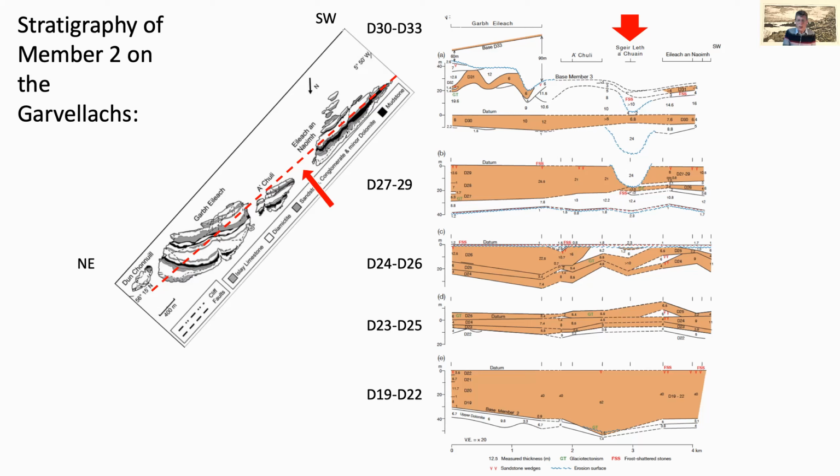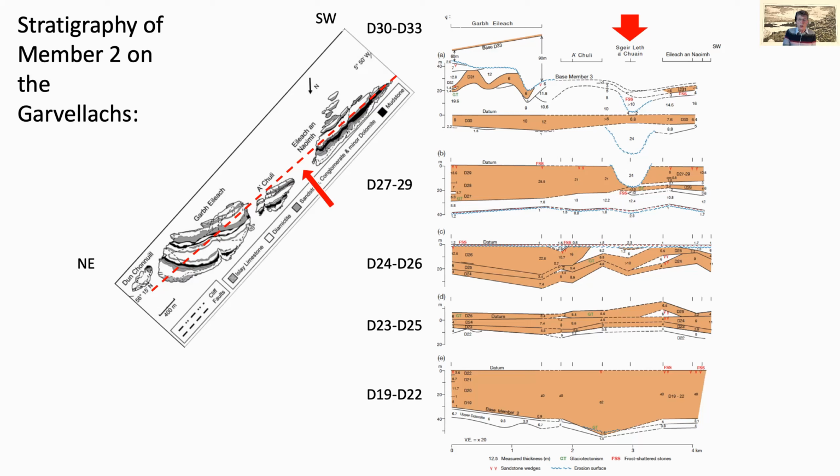D27 to D29 illustrate incision of a deep channel on Skealethacuin, the Skerry, indicated in red. That feature is also seen in the package D30 to D31. So there's something funny going on at Skealethacuin, as you can see from the fact that we have uplift and erosion in the D24 to D26 section, and then incision in D27 to D29 and D30 to D33.